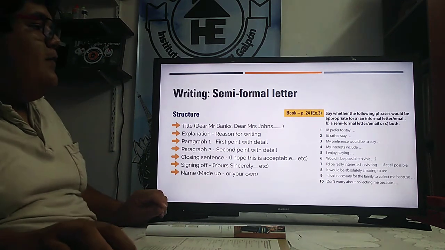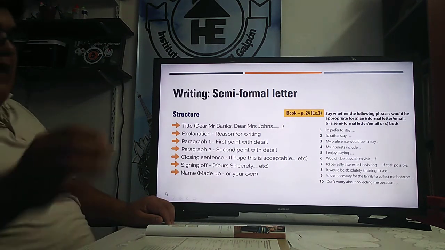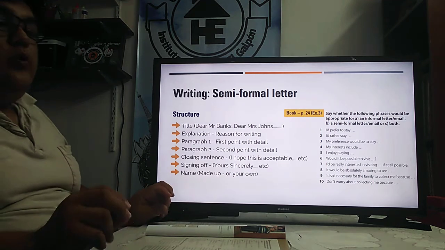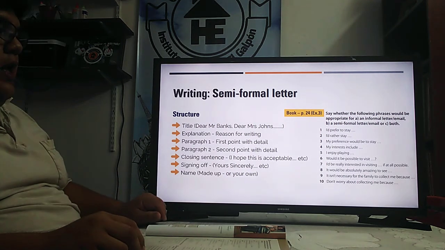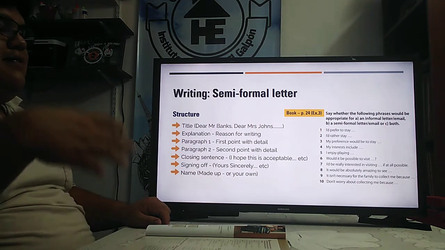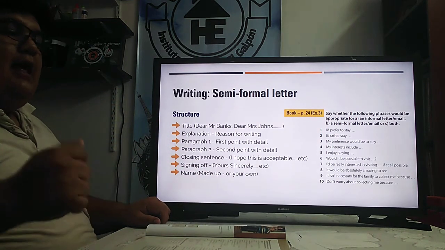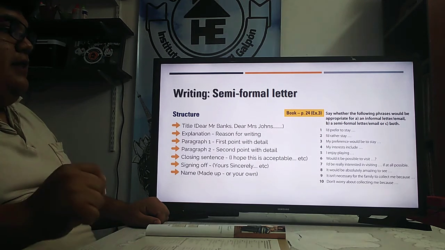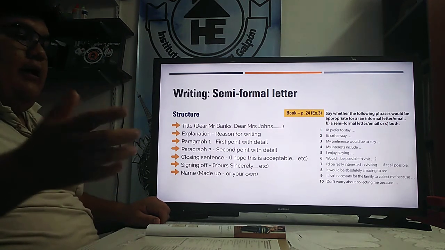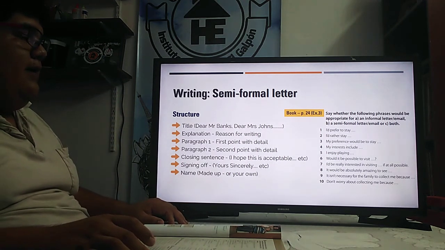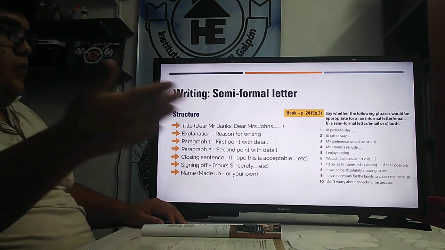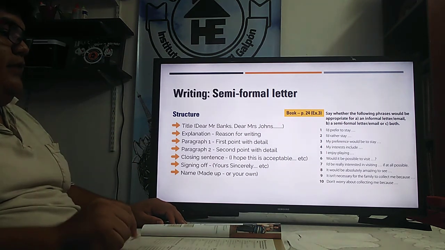Well, what is a semi-formal letter? They say that we write semi-formal letters when there is a connection between an older person, an adult, with a teenager, or with somebody who is young and needs to write to somebody.